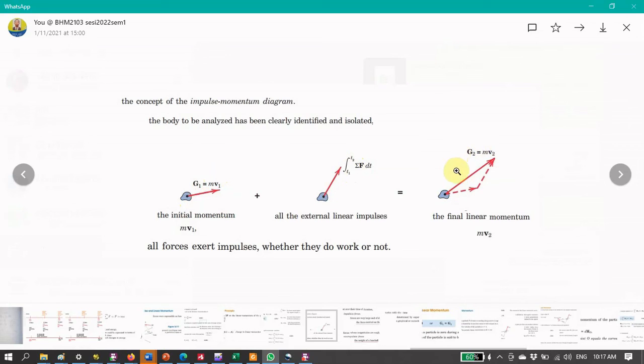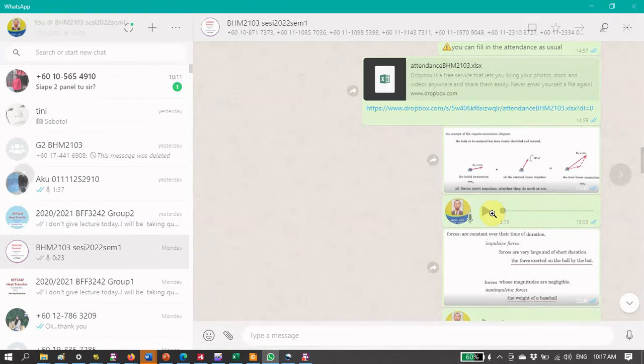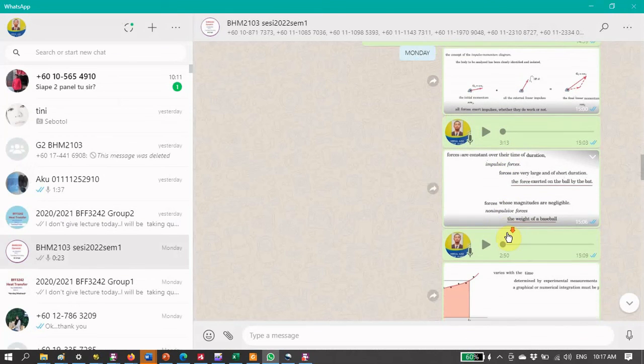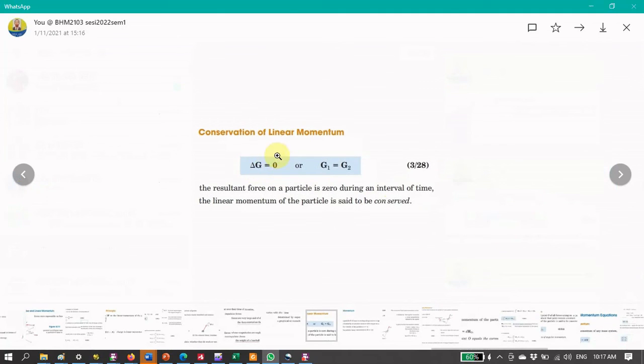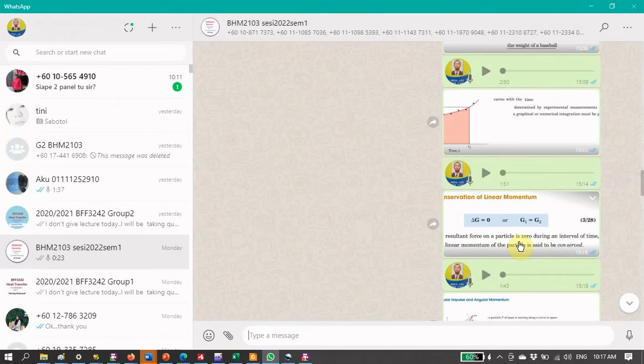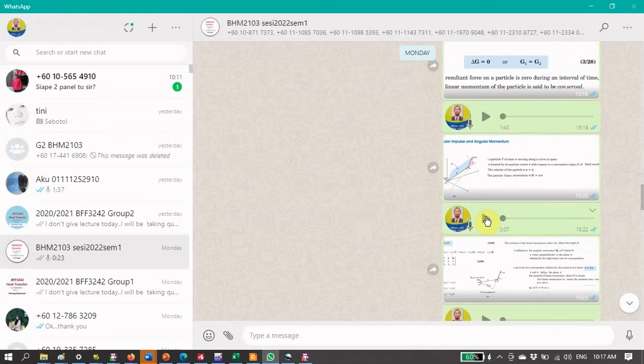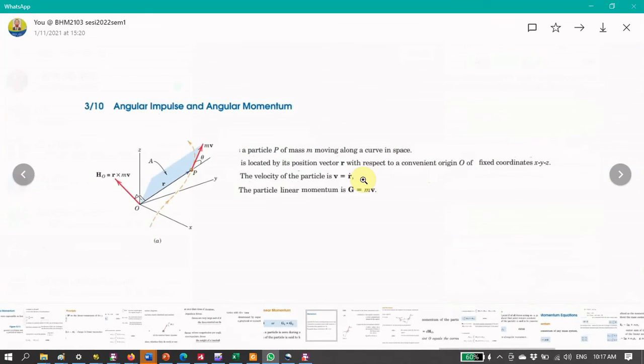We quantify that by calculating the linear momentum before and after the force is applied. So we can say that there is no change in the linear momentum.